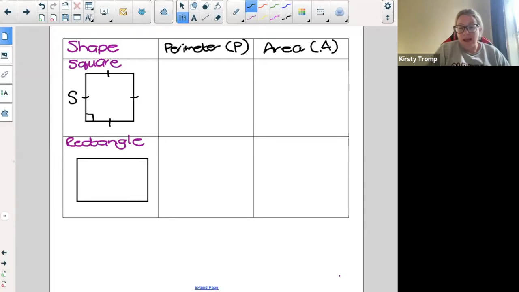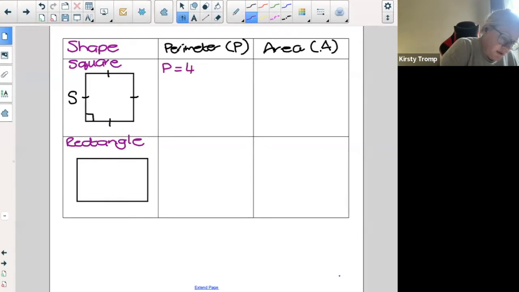So if we're looking at the square and we want to calculate the perimeter of the square, the first thing we would say is perimeter is equal to 4 times the sides. So that's one way to do it.